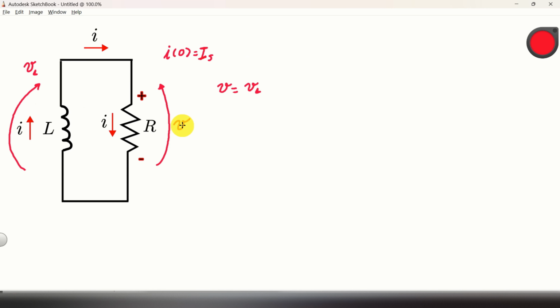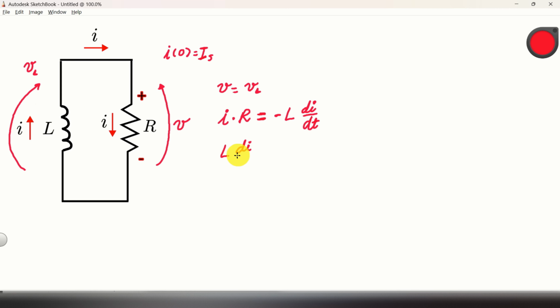Now, voltage across the resistor by using Ohm's law is obviously current multiplying the resistance. On the other hand, as explained previously, the voltage across the terminals of the inductor is minus L di over dt, where the minus sign comes from the fact that the current direction is in this direction.